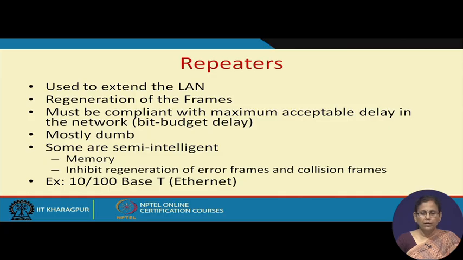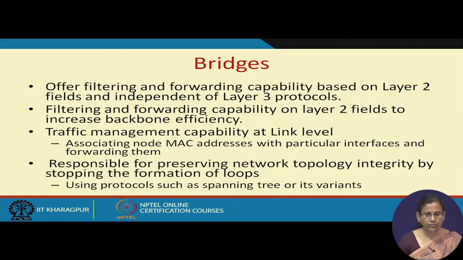They must be compliant with the maximum acceptable delay in the network. They are mostly not very intelligent, but some are semi-intelligent; they have memory and can help prevent errors in the frame and collision of the frame. Ethernet is one example of this.